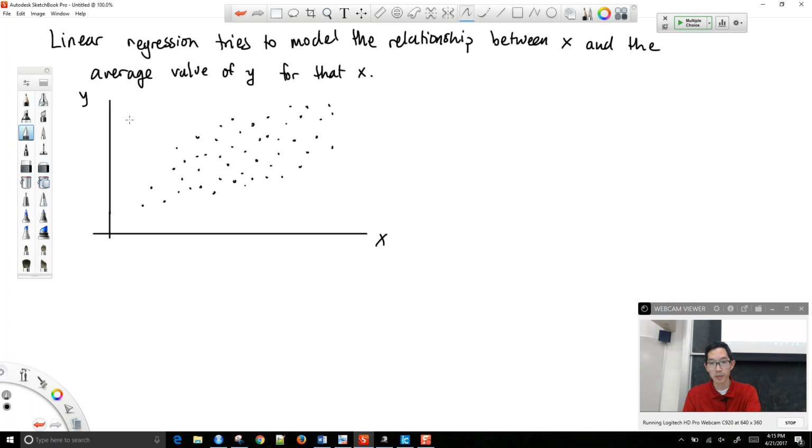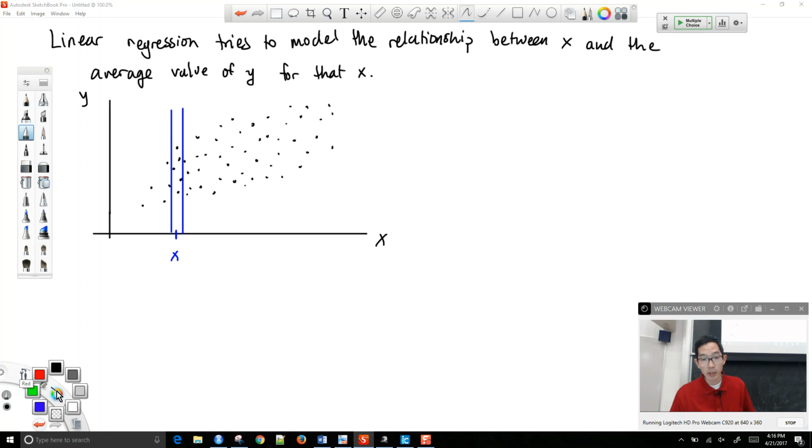For a particular x, I'm going to take just a slice of the data. Inside this slice around x, I've got about 5 dots.